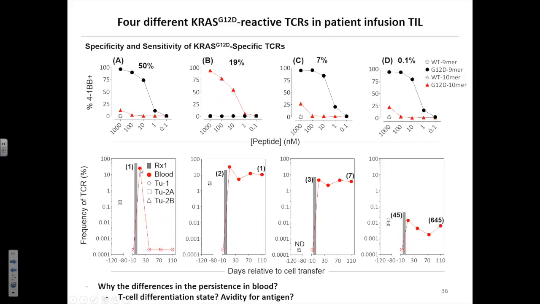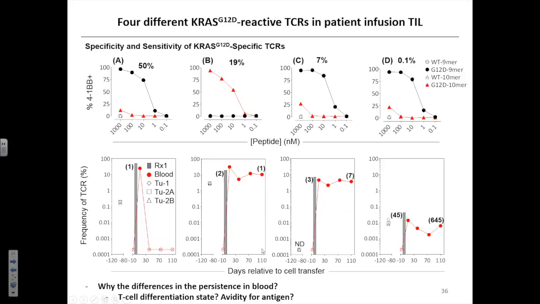But quite stunningly, this T-cell receptor, or the cells bearing it, disappeared from this patient. We could no longer, by a month, identify any of the cells that recognize this KRAS 9-mer in the patient. However, this T-cell receptor, which recognized the KRAS 10-mer and not the 9-mer, was the most highly persistent cell in this patient.